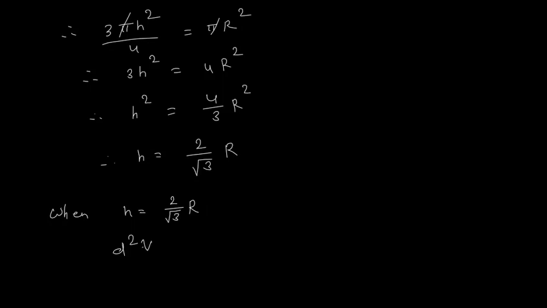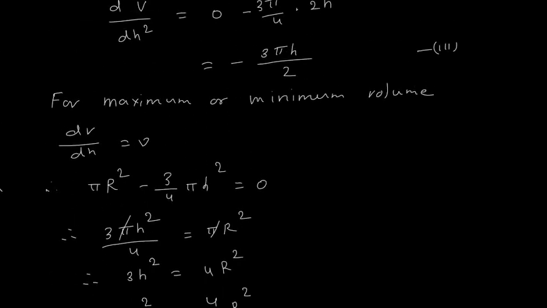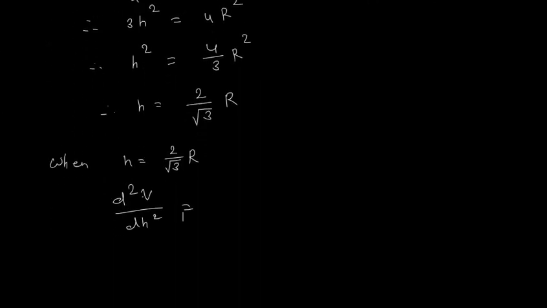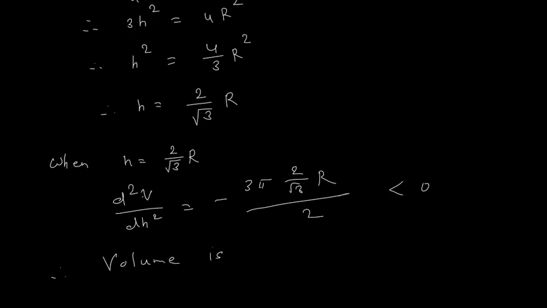The value of d square V upon dH square is minus 3 pi H upon 2, with H equal to 2 upon root 3 R. As this is a negative term, less than 0, we say that the volume is maximum when H is 2 upon root 3 R.